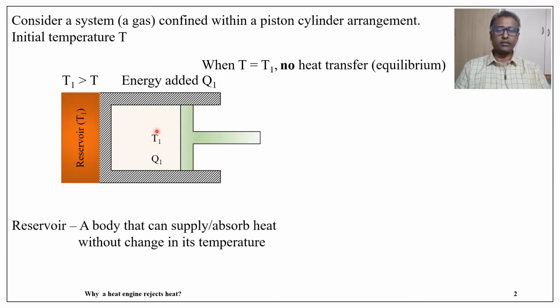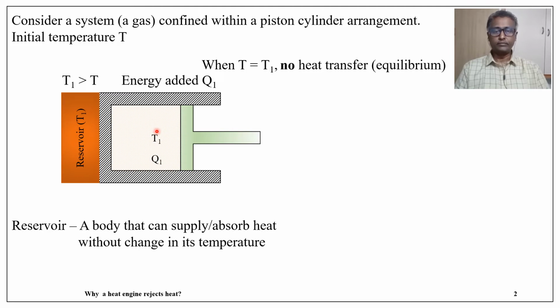Whatever be the reservoir temperature, definitely there will be an equilibrium condition. But the material of the piston cylinder cannot withstand temperature beyond a limit. Therefore, the concept of increasing the reservoir temperature is ruled out to deliver work continuously.